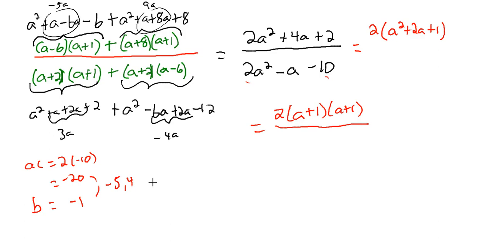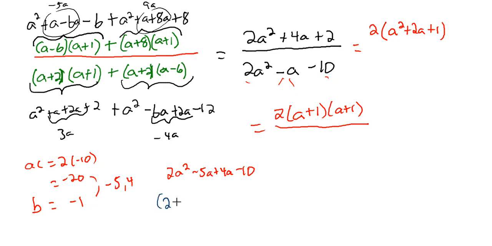So again, we don't get to cheat here and just jump right to the answer. We have to actually do the factor by grouping process, right? So we're going to split the middle term up. We're going to write that as 2a squared minus 5a plus 4a minus 10, right? We're rewriting negative a as negative 5a plus 4a.